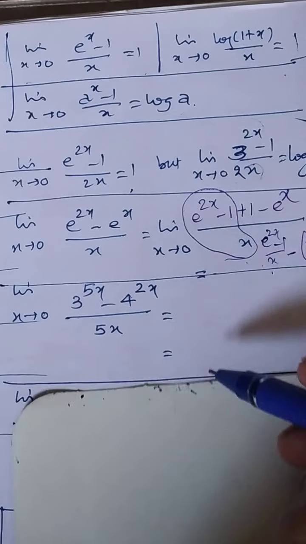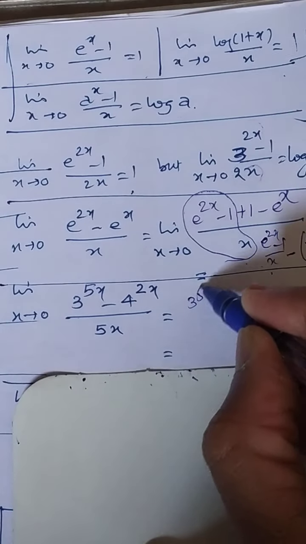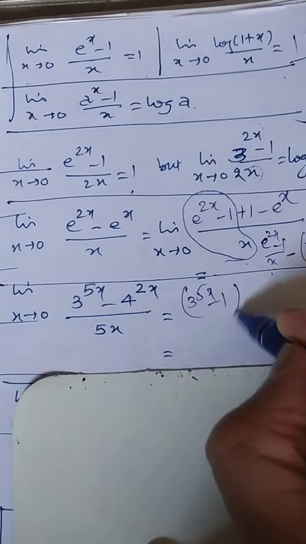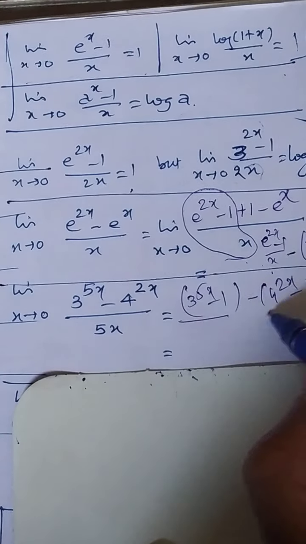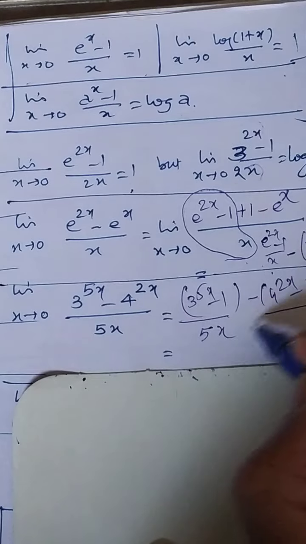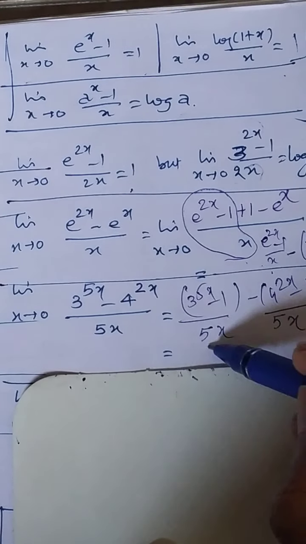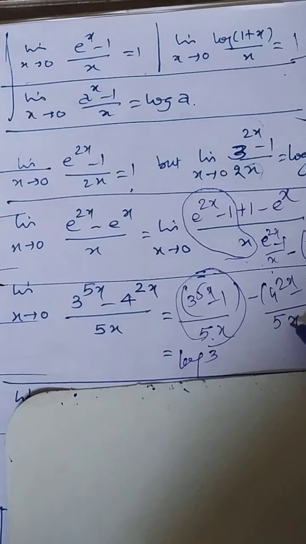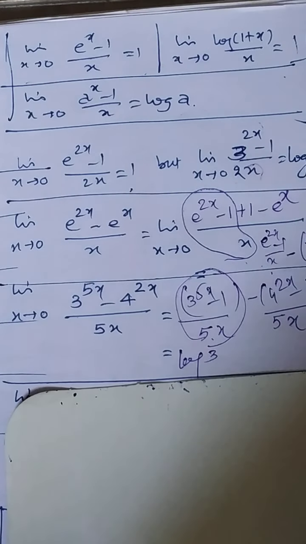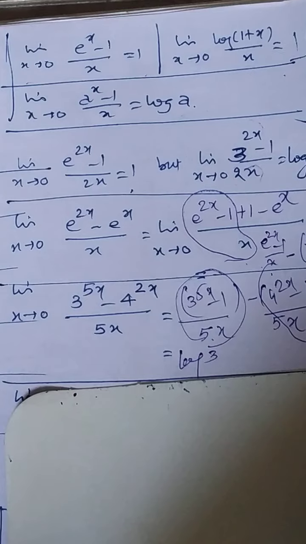Here also the same approach, plus and minus you have to do. It will be 3 raised to power 5x minus 1 minus 4 raised to power 2x minus 1, divided by 5x, but I am splitting 5x over here, 5x over here. This becomes log 3 because 5x is there. Here it is 2x, so I have to multiply, and this becomes your log 2.